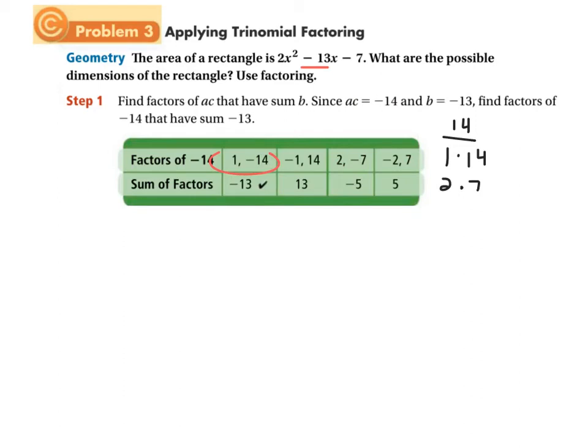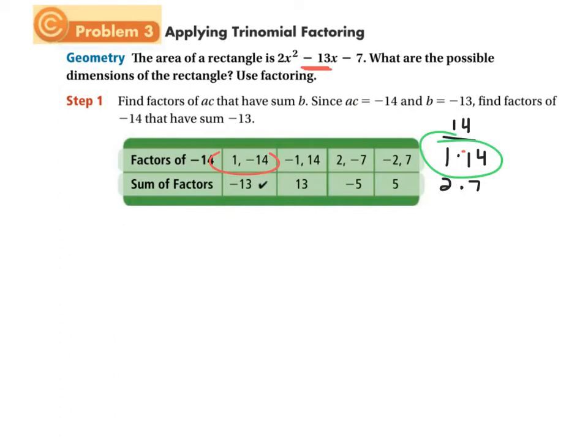So we say which two subtract to 13, it's these two, and we need to put a negative on one of them. Since this says negative 13, we want the bigger number to be negative, and out of 1 and 14, the bigger one is 14, so we want that one to be the negative. And you can see that that matches with what they had here, which is a positive 1 and a negative 14.